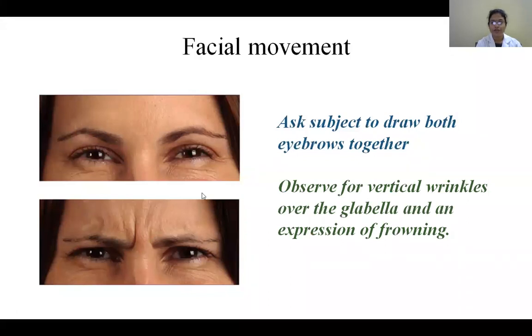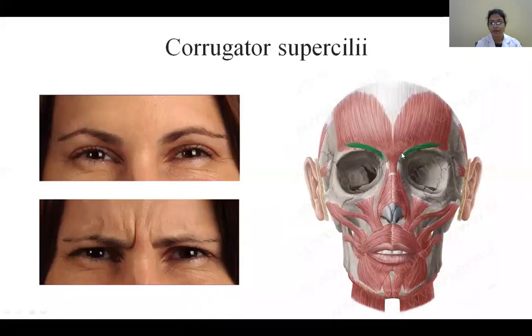By doing this, you assess the muscle corrugator supercilii. This muscle causes vertical wrinkling over the glabella. This is the location of corrugator supercilii. So asking the subject to draw the eyebrows together is how you assess corrugator supercilii.